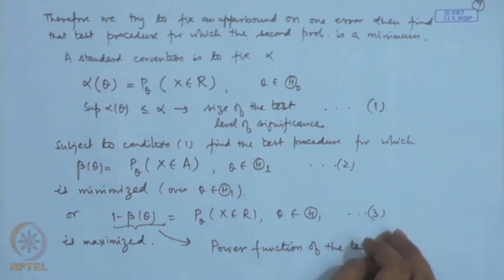So, the power of the test is defined as 1 minus the probability of type 2 error. Then we get the concept of most powerful test and uniformly most powerful test.